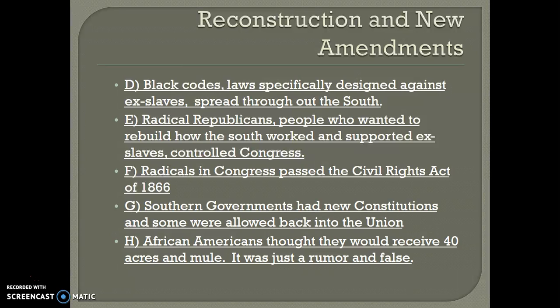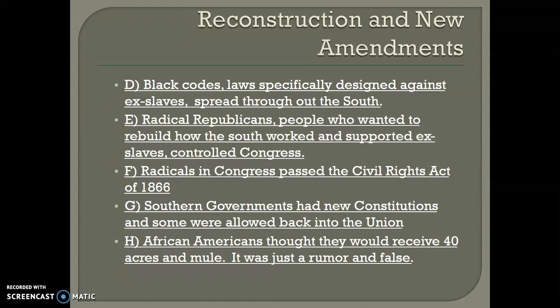And these new constitutions must not have anything that separates people based upon race, or anything that separates people based on their status of being an ex-slave or a non-ex-slave, aka a white person in the South. This will later be repealed after Reconstruction is stopped.